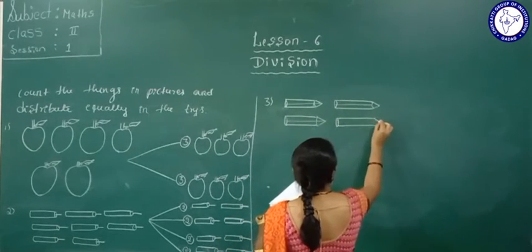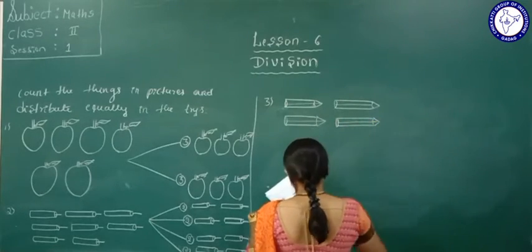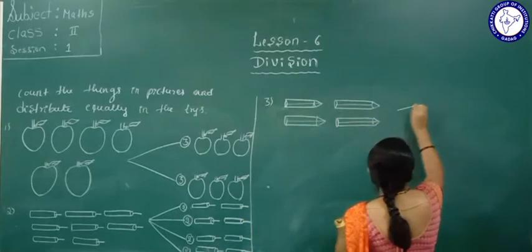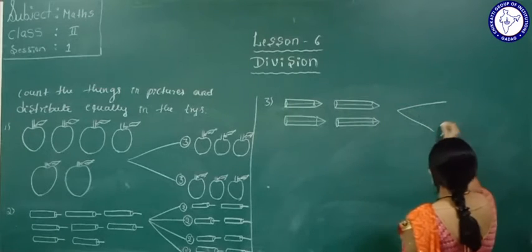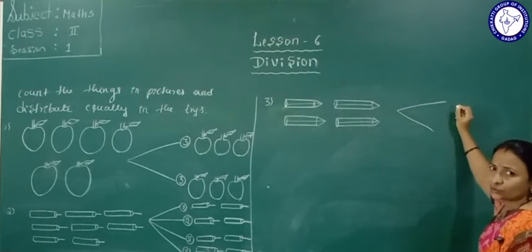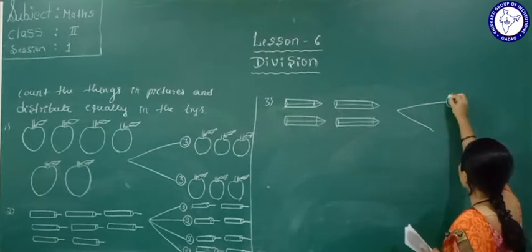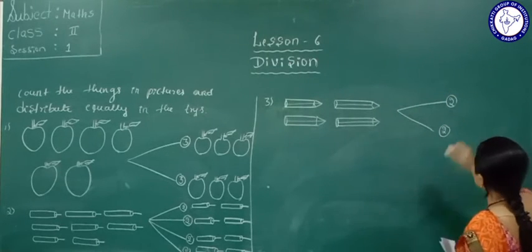Okay, so 4 pencils we make 2 groups. It means 2 groups. So how many will we distribute in each group? In each group we will distribute 2 pencils.